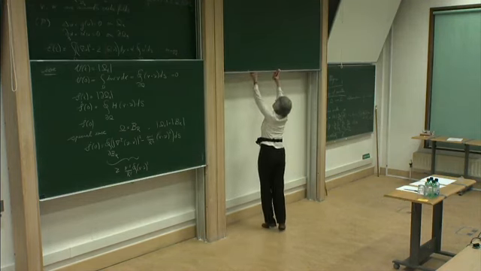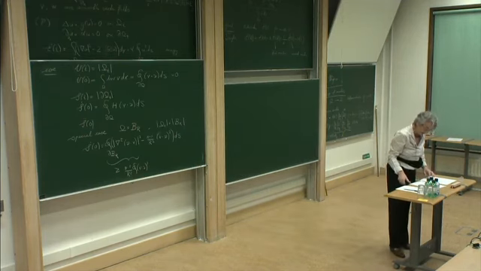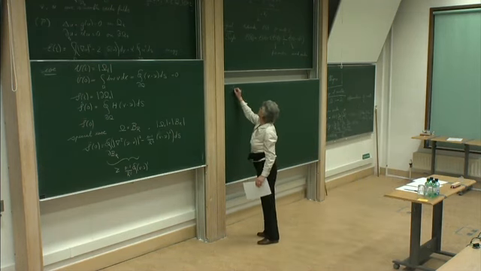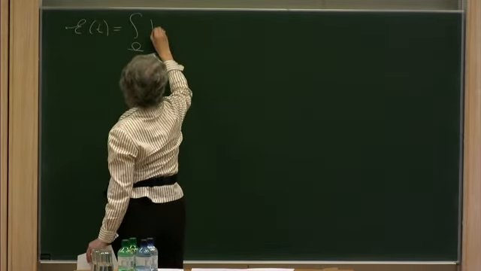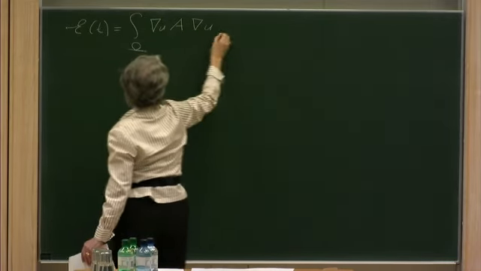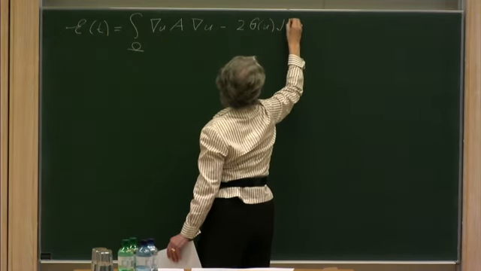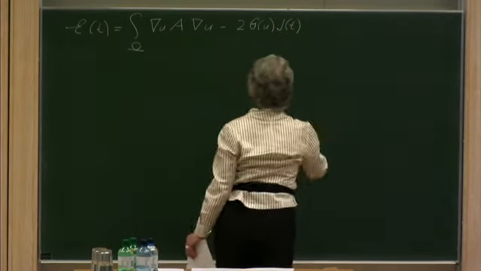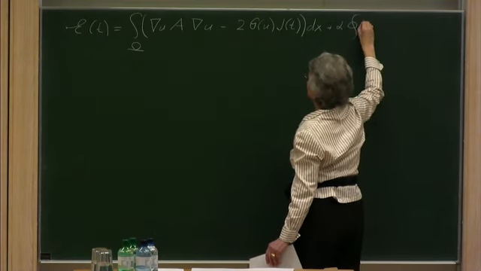Okay, so now I'm not going to write out in full detail the expression for the first variation of E. The energy E of t, if we use the x variable, is an integral over omega of a Laplacian quadratic form of this type, minus 2 times j of u times g of u times j of t dx, plus alpha times the integral of u squared.